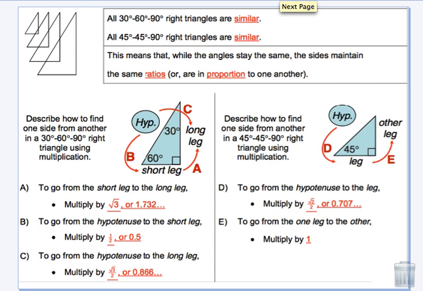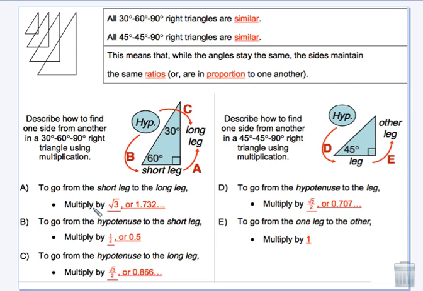All right, so from doing this, you should realize that when you have 30, 60, 90 degree triangles or 45, 45, 90 degree triangles, no matter what the side lengths are, they are all going to be similar, and you're going to get ratios that are in proportion to each other.